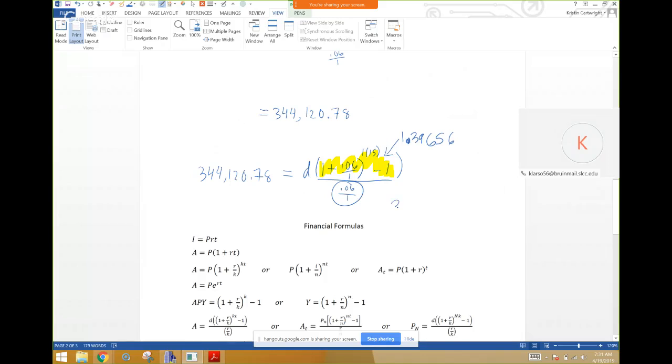And then I'd have 344,120.78 equals D times what I got when I took 1.39 divided by 0.06, which is 23.27. And then you could just divide both sides by that 23.2759. You want to go out to lots of decimal places with these so that your final answer can be as accurate as possible. So don't round to 2 decimal places until you're at the end of the problem.